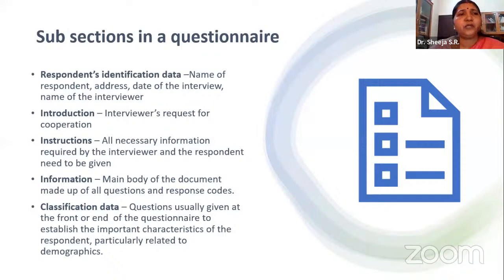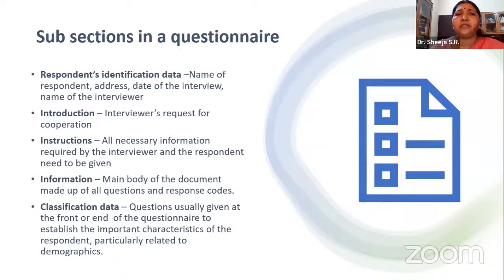Actually, the name of the respondent or address, they are not very important. However, in order to identify the responses, see, if you are conducting a very large inquiry, a number of interviewers may be used.